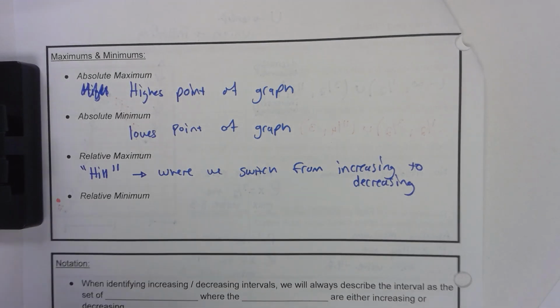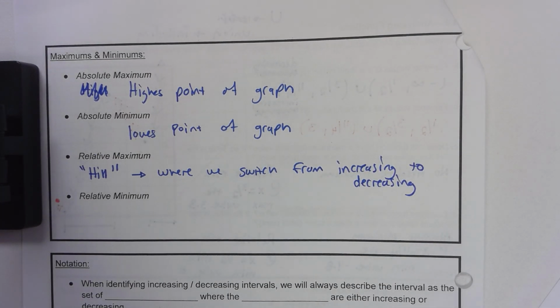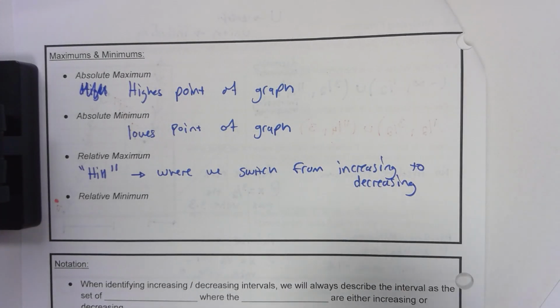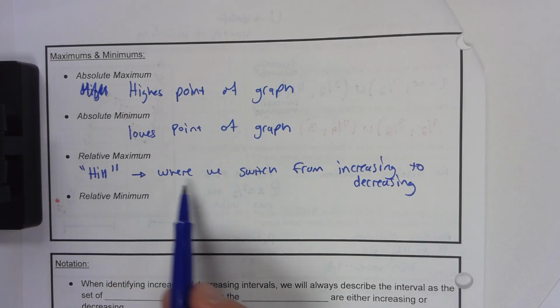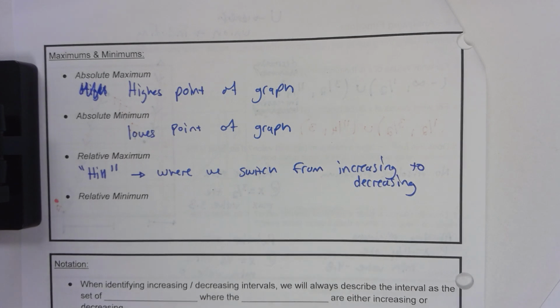Okay, that's what creates that hill. So if you look back at that opener, you'll see that as we're moving to the right, we're increasing, then we get to the top of the hill, and then we switch to decreasing. So this is a hill, in quotation marks, is what that's saying. It's where we switch from increasing to decreasing.